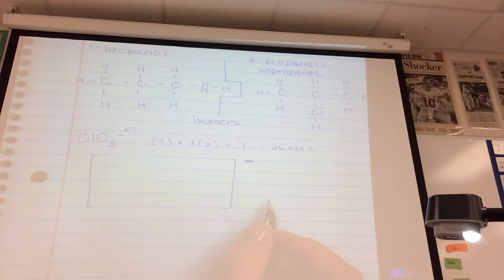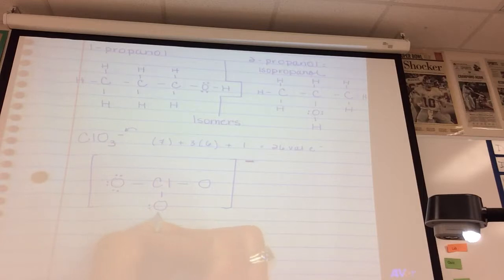Now we said you want to think symmetrical, and this is an instance where the halogen will be the central atom. Keep it simple. 1, 2, 3. Complete the octet on each oxygen. Count your electrons.